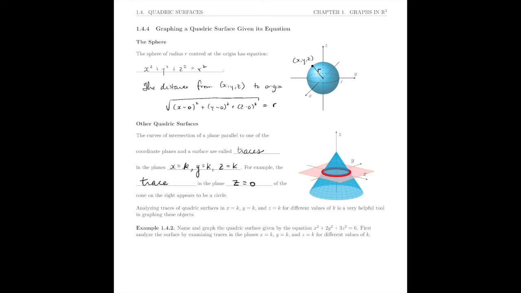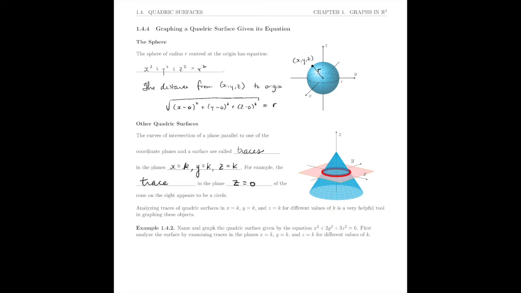So analyzing the traces of quadric surfaces in these three types of planes, x equals k, parallel to yz, y equals k, parallel to xz, and z equals k, parallel to xy, for different values of k is a very helpful tool in graphing these objects.